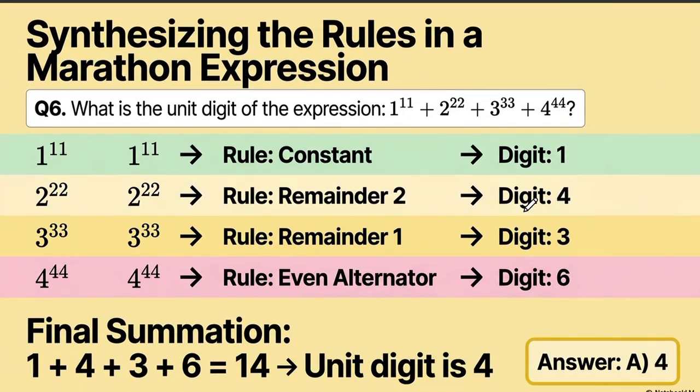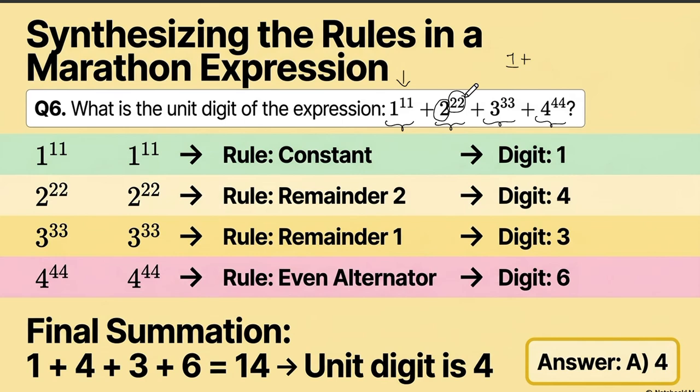Last question. What is the unit digit of the expansion 1 raised to 11, plus 2 raised to 22, plus 3 raised to 33, plus 4 raised to 44? Let's solve one by one. 1 raised to any number is 1, so the unit digit for the first number is 1. Then plus 2 raised to 22. The base number is 2 and the cyclicity of 2 is 4.